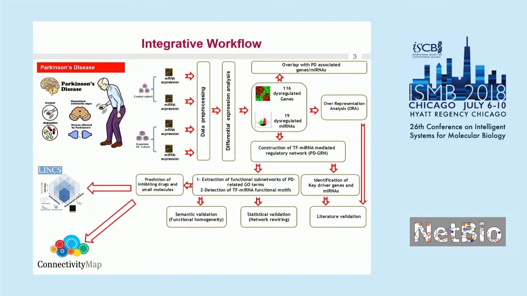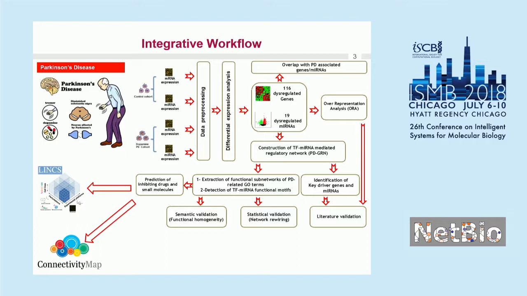From this network, I then try to extract the functional subnetworks which are related to the pathogenesis of Parkinson's disease, and also detect specific recurrent network motifs between a microRNA and a gene. And finally, some validation using statistical analysis and also semantic validation, as we will see later.